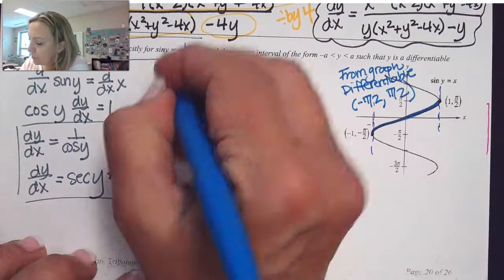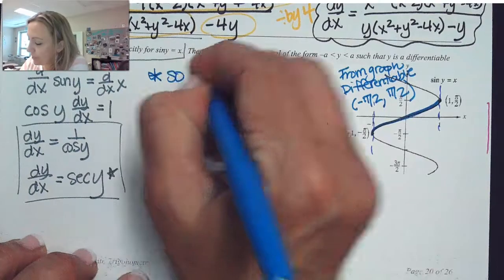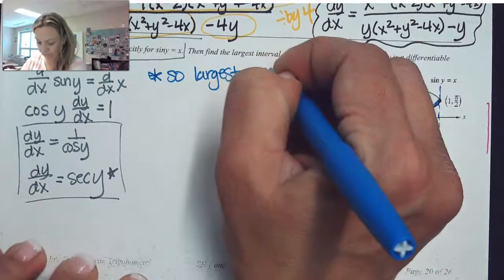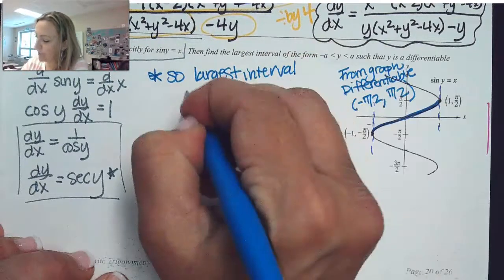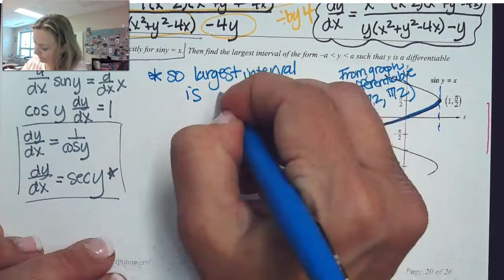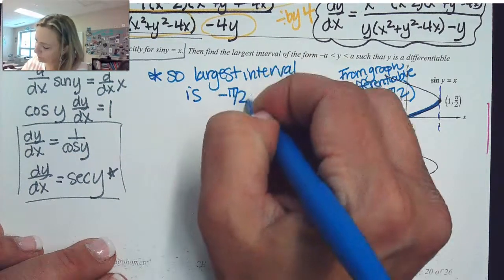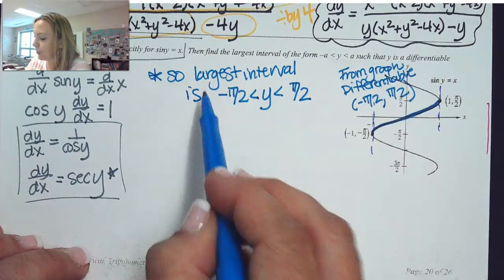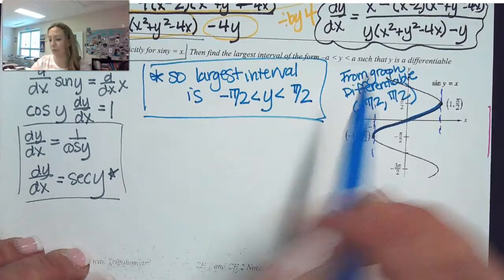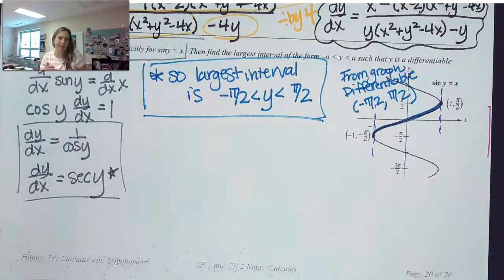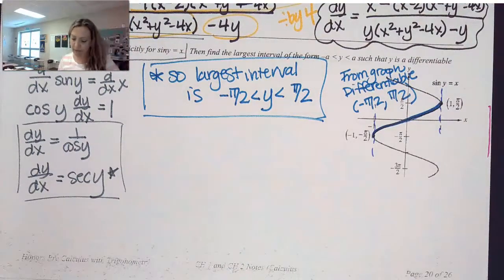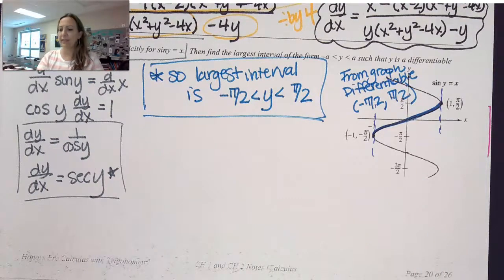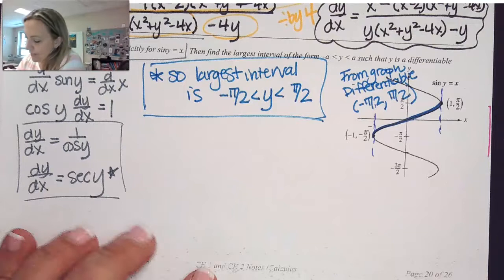So the largest interval that you could differentiate this on would be from negative pi over 2 to pi over 2. I'm putting that in terms of y because that's what we differentiate, that's what our dy/dx was in terms of, right? But now I want us to think about this as a little puzzle.